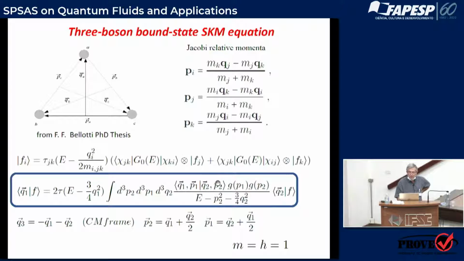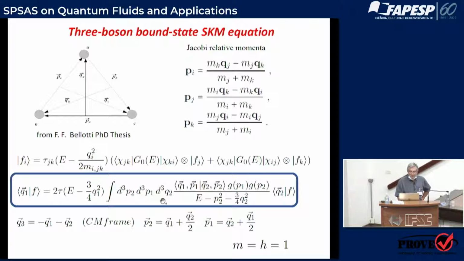The only point that now needs some attention is the matrix element that corresponds to the change in the basis of the Jacobi momentum. So remember, this is the relative momentum between particles 2 and 3, and this is the Jacobi momentum of the third particle with respect to the center of mass of the other two. That is also the momentum of the particle in the center of mass. Okay, and then the two form factors.